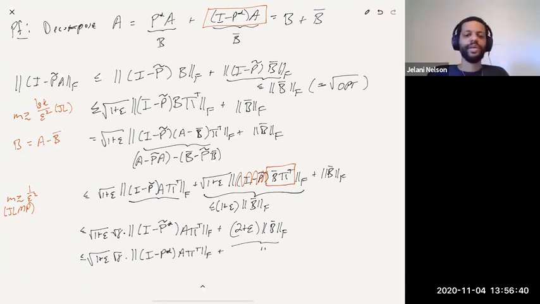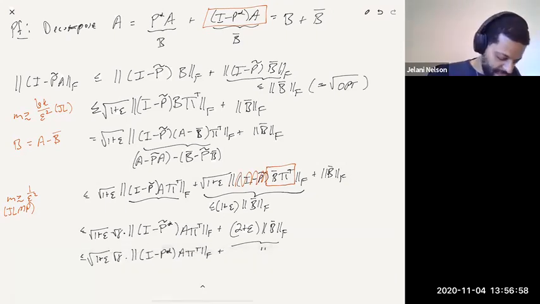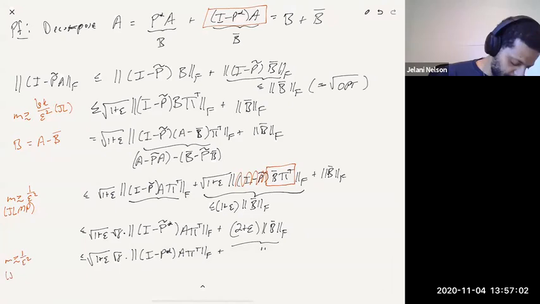And then I'll say the same thing that I just did for the last red box. I minus P star A is a fixed matrix. So with good probability, pi preserves it as long as it satisfies the JL moment property. Again, by the JL moment property, I just need m to be at least 1 over epsilon squared. I get that I can remove the pi.